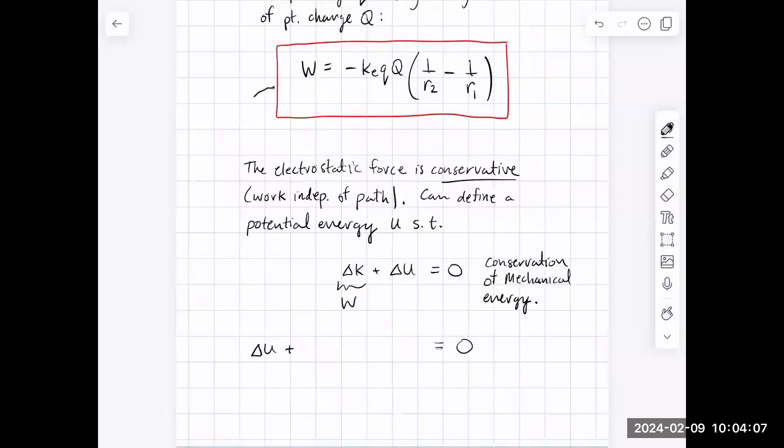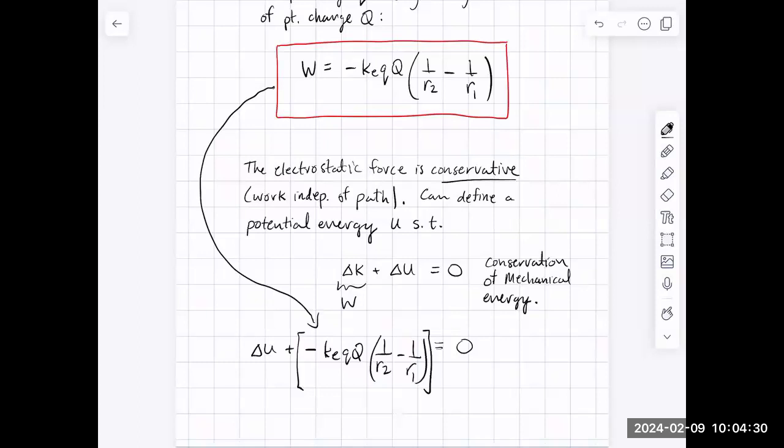And so for the change in kinetic energy, we can substitute the work in here. So it's plus minus k_e Q q, 1 over R2 minus 1 over R1. And I guess I'll put this all in square brackets there. So we have plus some negative quantity.